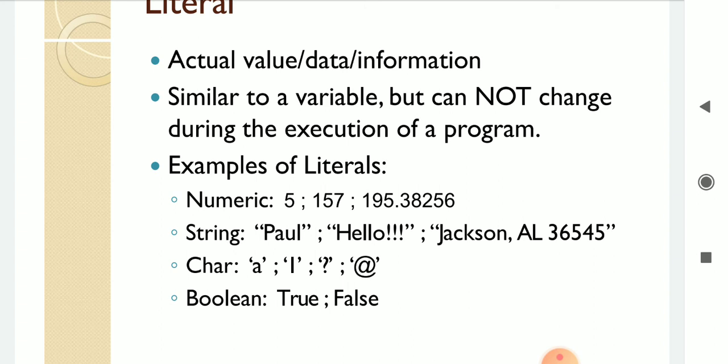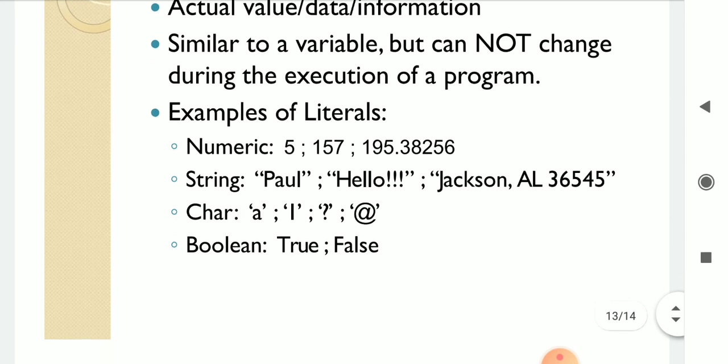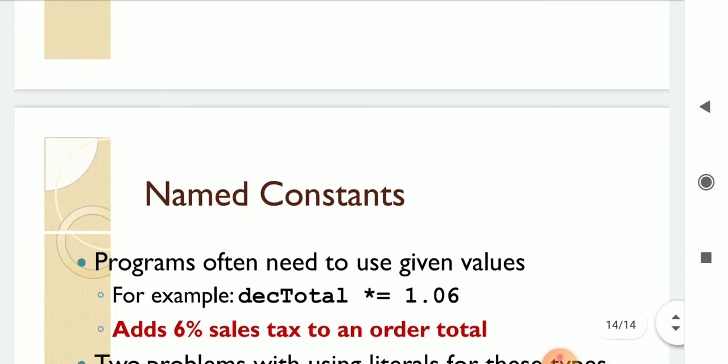String examples: Paul, hello, Jackson, AL 3654. Character means a single character only, such as A, I, question mark, at the rate. Boolean means true or false. So these are the literals while you are providing values to the particular variables.